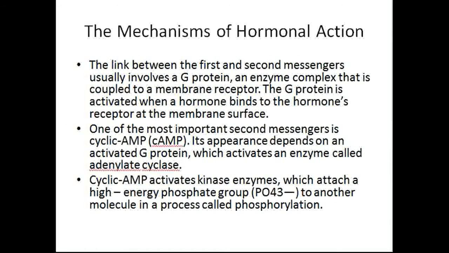Its appearance depends on an activated G protein, which activates an enzyme called adenylate cyclase. cAMP activates kinase enzymes, which attach a high-energy phosphate group, PO4 3-, to another molecule in a process called phosphorylation.